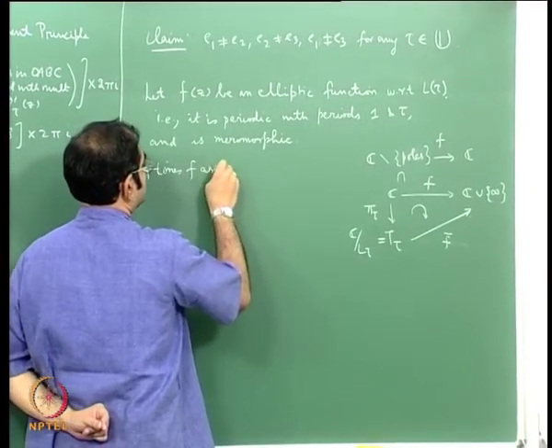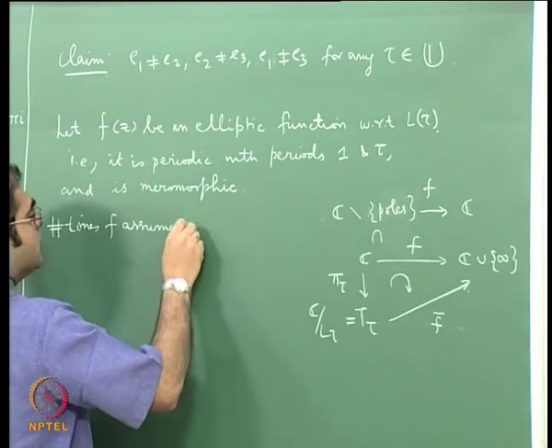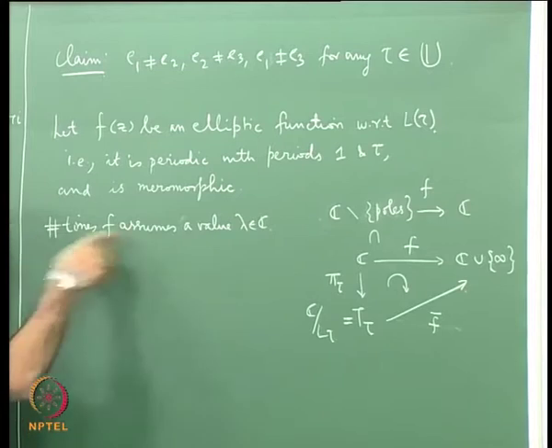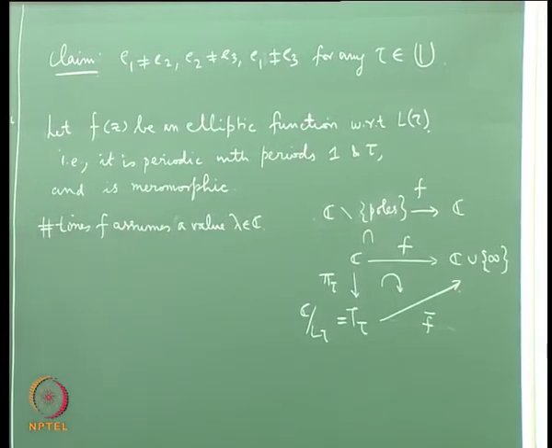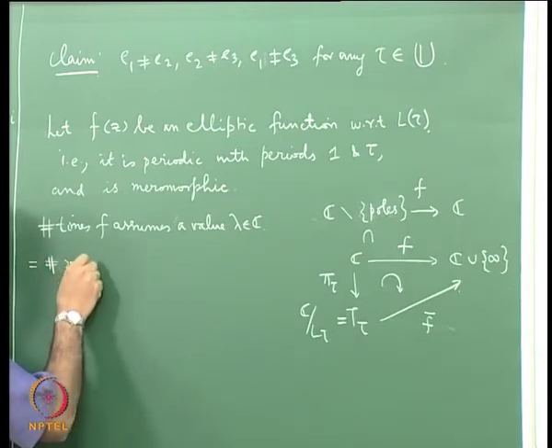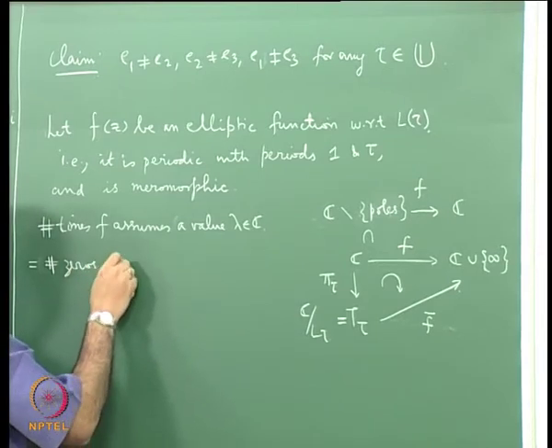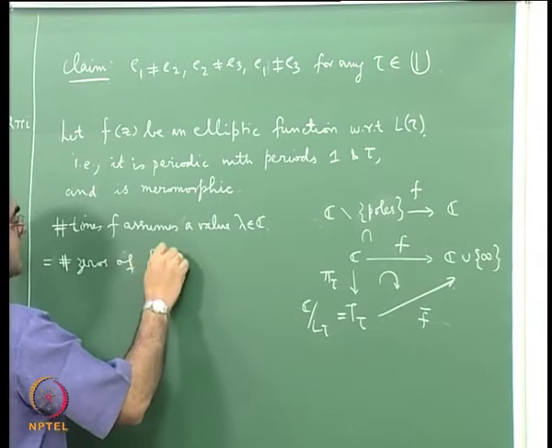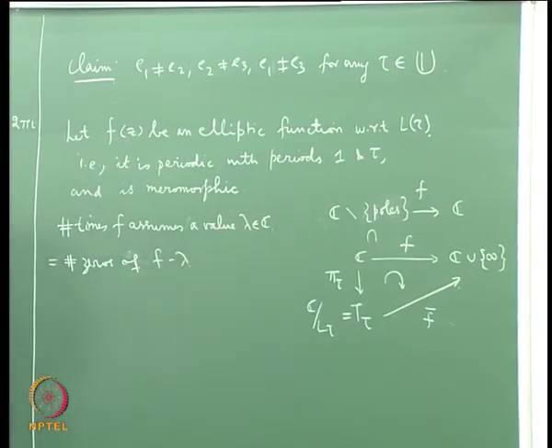Look at the number of times the function f assumes a value lambda in C. That will be equal to the number of zeros of f minus lambda. The set of all z where f of z equals lambda is precisely the set of all zeros of f of z minus lambda.